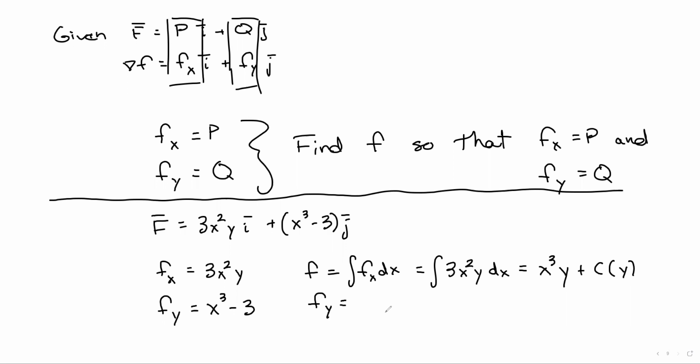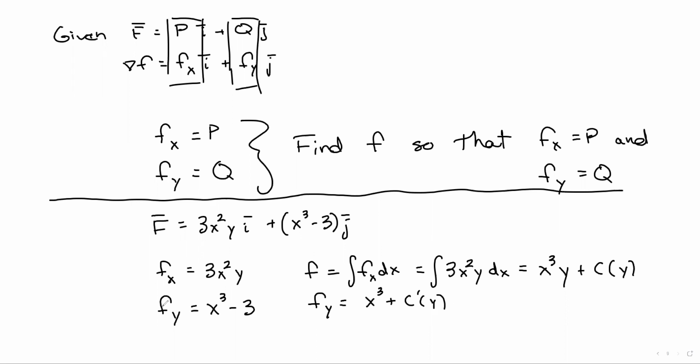If we differentiate this with respect to y, we get x cubed. And then if we differentiate c with respect to y, so c is just a function of y, the way that I've written it, you're going to get c prime of y. Okay. And so once we've done that, we've said, you know what, our definition that we just got for f, if we use that, it gives us this definition for the partial of f with respect to y.